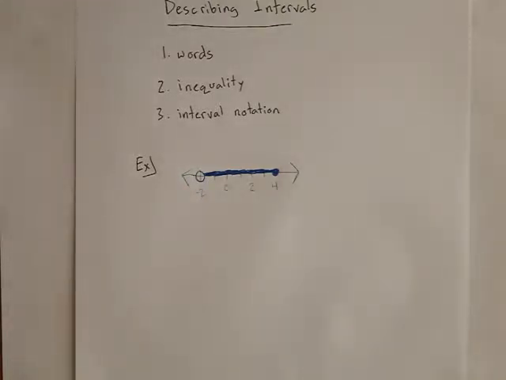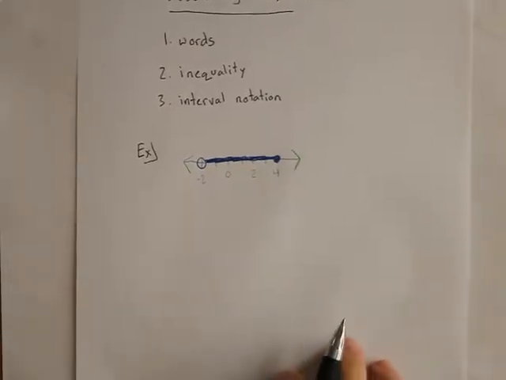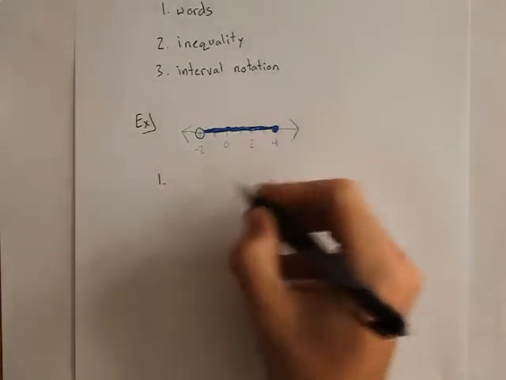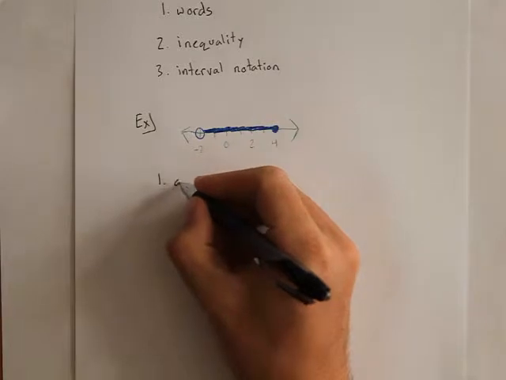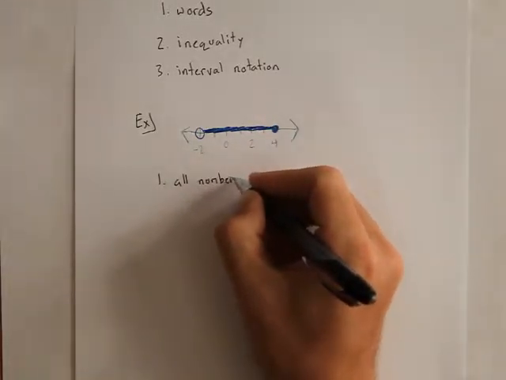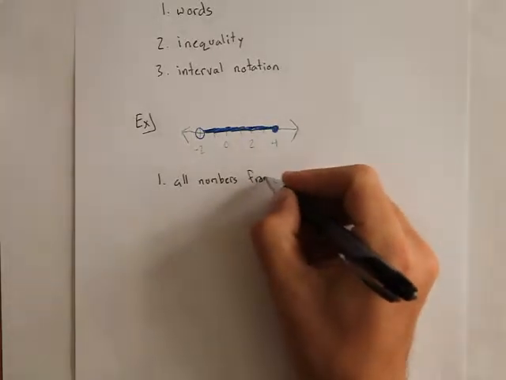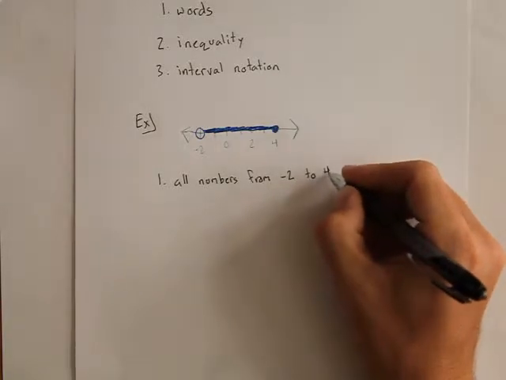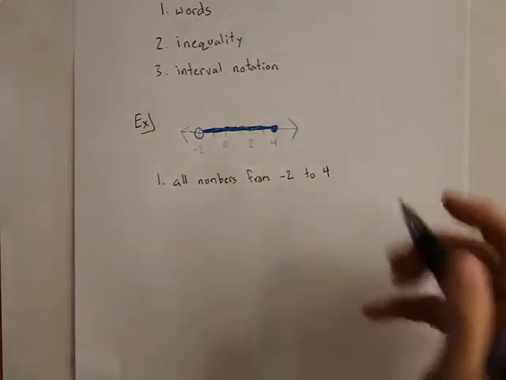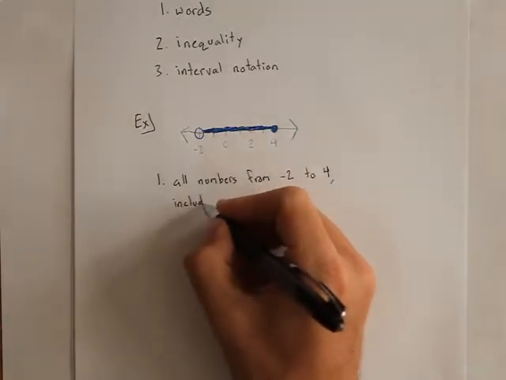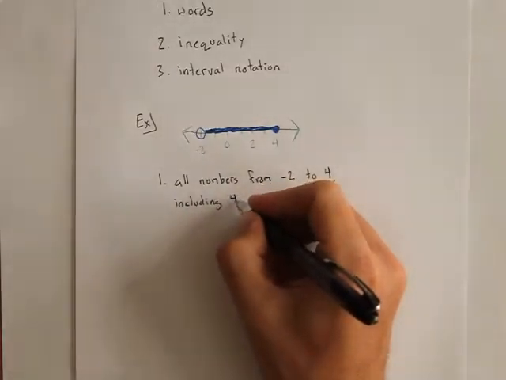Okay? Well, I've got a few ways that I can write it. If I wanted to use words, I might say something along the lines of all numbers from -2 to 4, including 4.